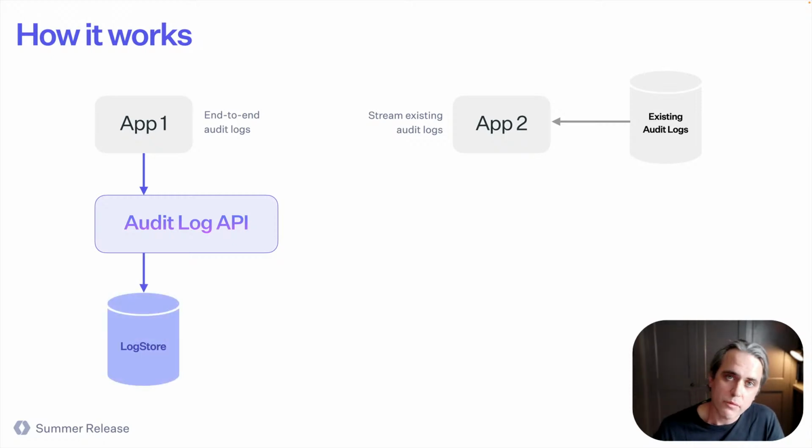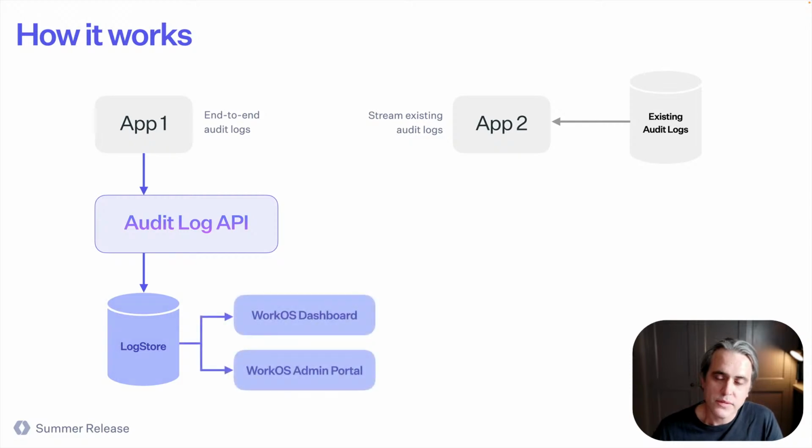It would then get recorded in the WorkOS Log Store, which is a special database for storing audit log events. Those events would then be made available to the app developer in the WorkOS dashboard and their enterprise customer in the WorkOS admin portal.